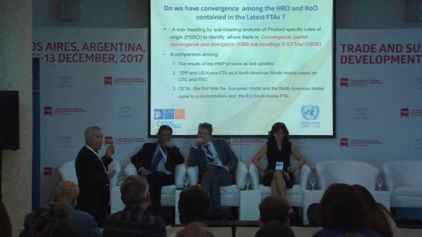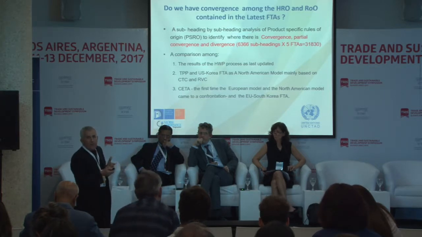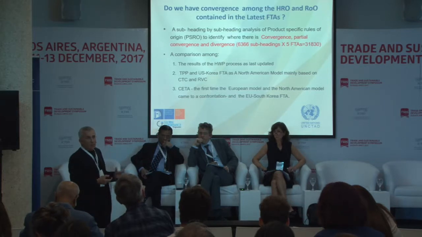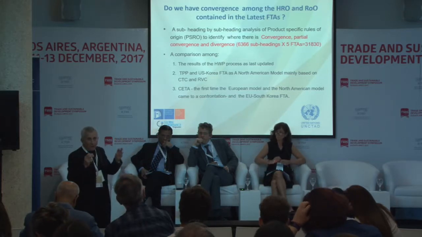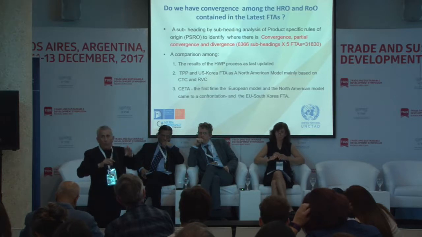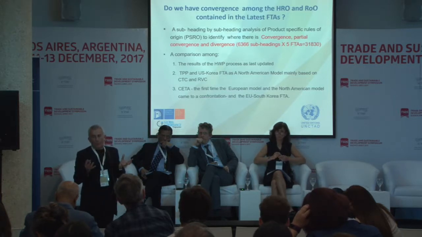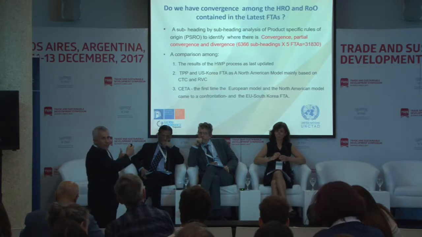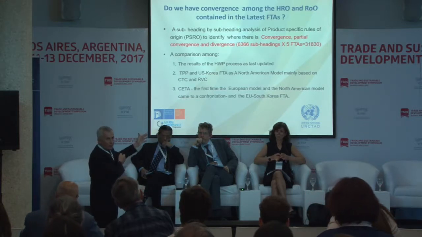And the US-Korea FTA, which is a significant free trade area agreement that the US has negotiated with Korea. And on the European side, we took the Canadian-European free trade area agreement, because this is the first agreement where the two models, the North American model and the EU model, came to a confrontation. And then, obviously, to make a comparison with the US agreement, we took the EU-South Korea agreement.